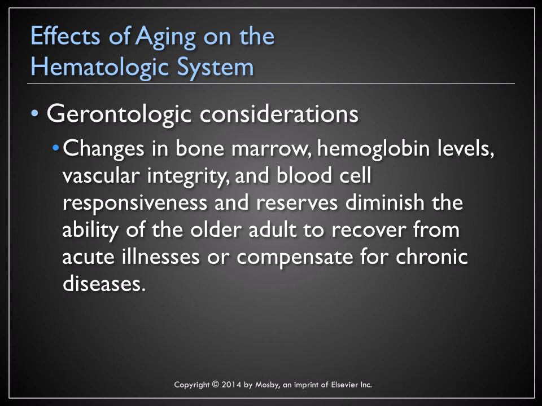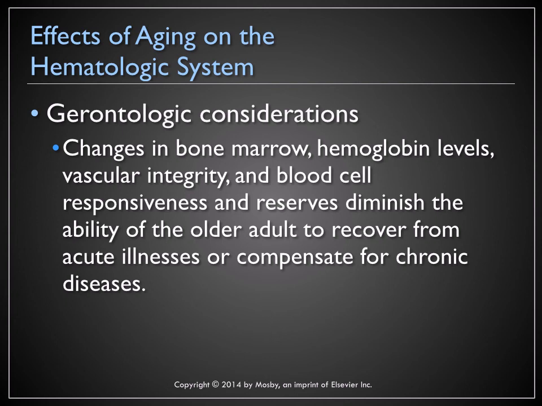Healthy older patients are not able to produce reticulocytes in response to hemorrhage or hypoxemia as well as younger adults. So when there is an old patient, they are not able to produce reticulocytes as much as a young person when they are going through hemorrhage or hypoxemia.